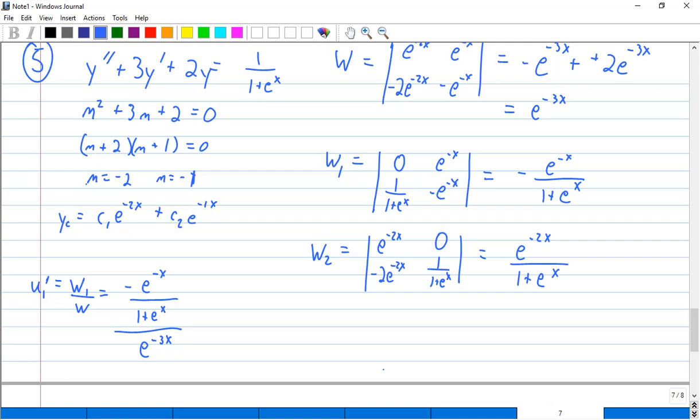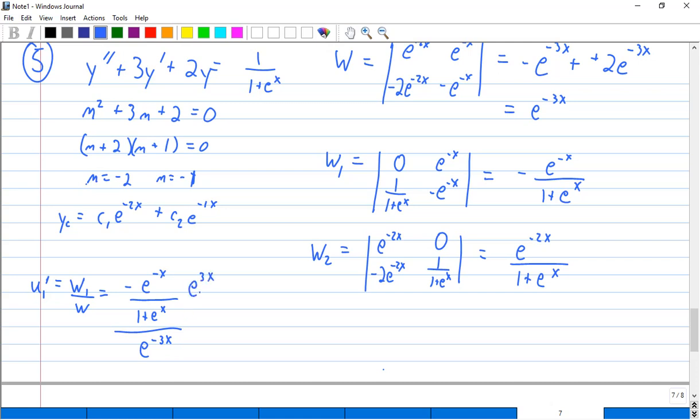I'm probably not going to want to leave that like that. So, I mean, you could have 1 over e to the negative 3x. That's the same thing as e to the 3x.